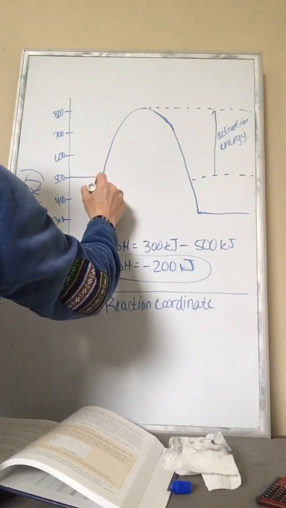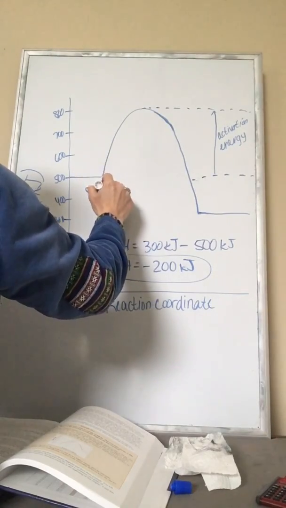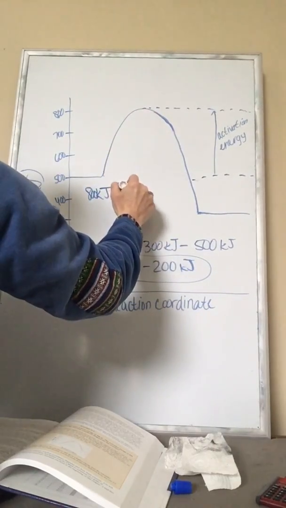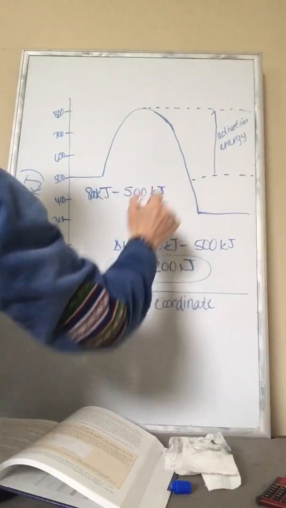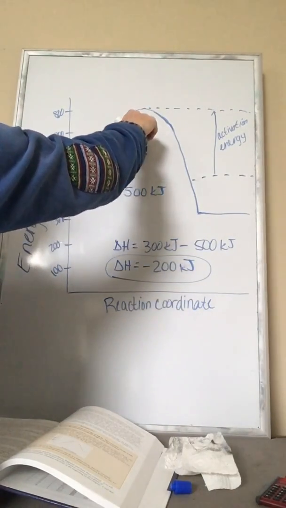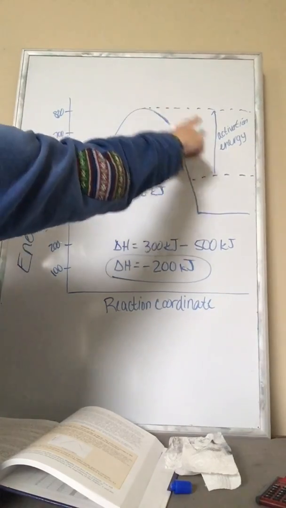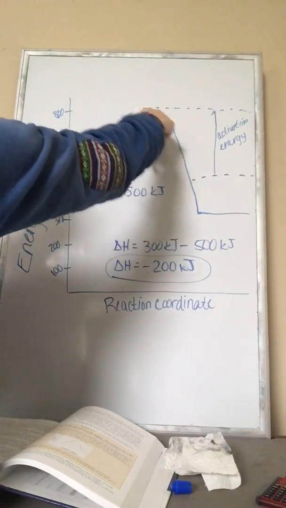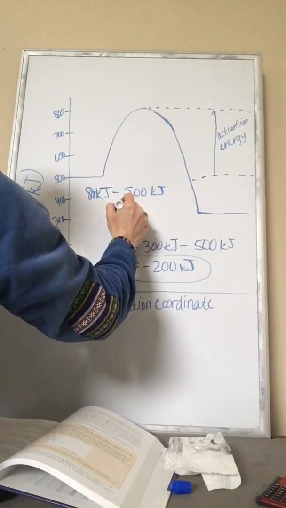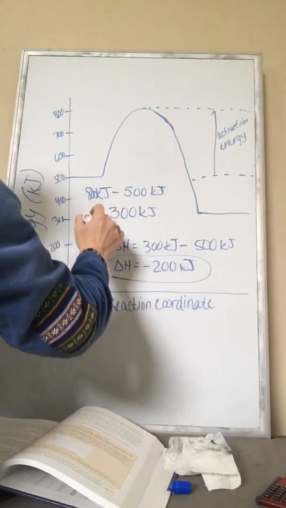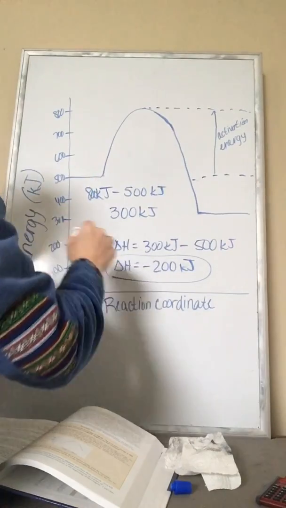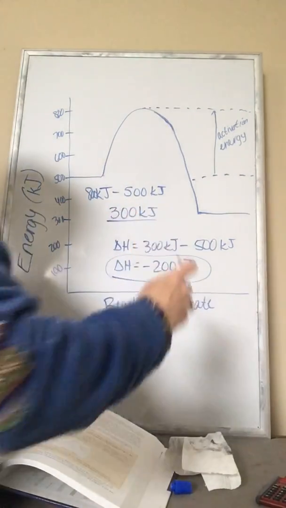So the activation energy would be 800 kilojoules, the top of it, minus where it started. That's where we start to make products. We're increasing energy. This is where products start to be made. So once we get to that point, we're making products and we're going over to the product side. So our activation energy would be 300 kilojoules, and that's positive. It's the top of the hill minus where it started. So that would be our activation energy.